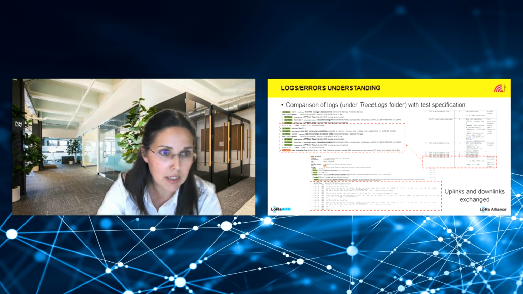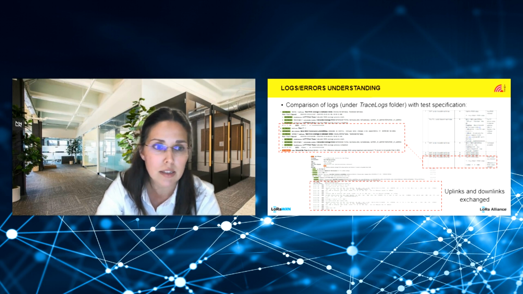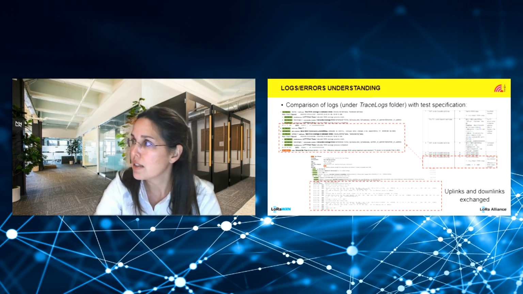So you can easily find, okay, in step 7.11, if you go to the corresponding table in the test spec, you can see the expected behavior of the LCTT. So it's easy to follow what happens and where the issue is, in order to debug your end device and solve everything so that it's compliant with the LoRaWAN specification.